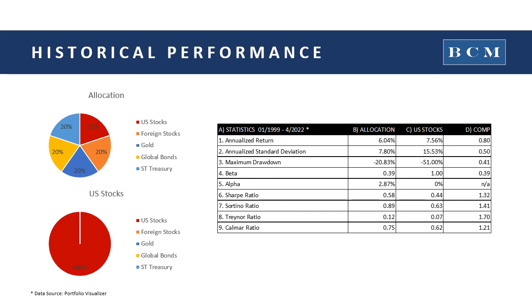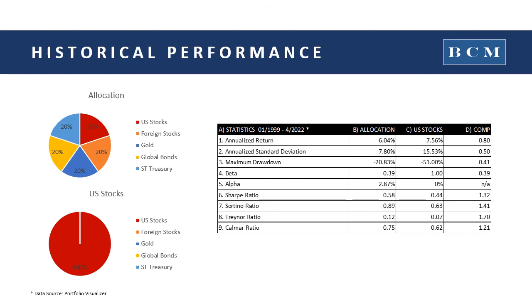The remaining ratios are just different measures of risk-adjusted returns, and basically we want them to be positive, and higher is better. We can see that across the board they are positive, and they are higher for the allocation portfolio.